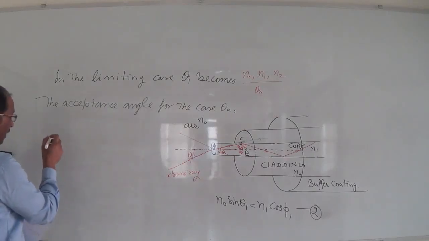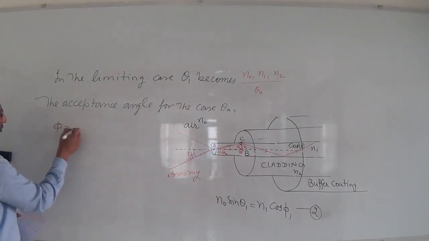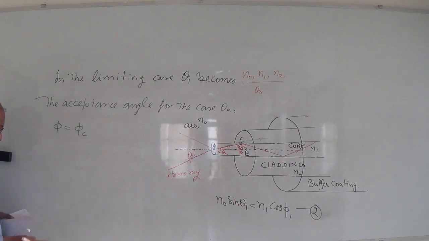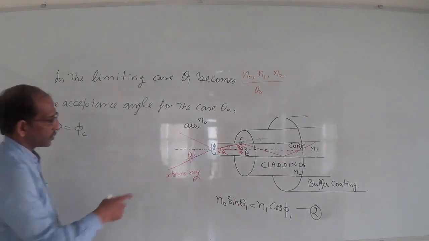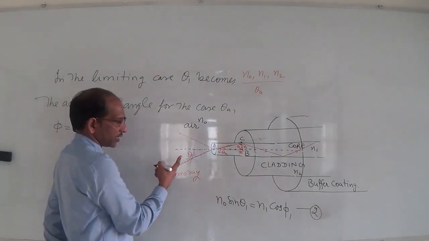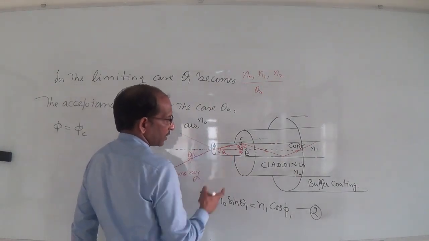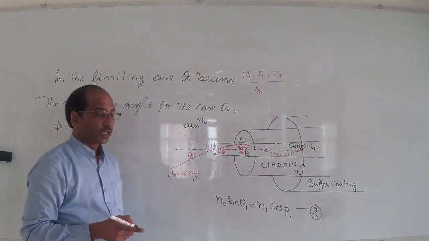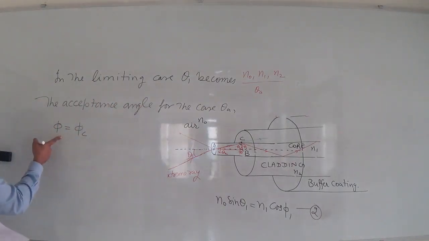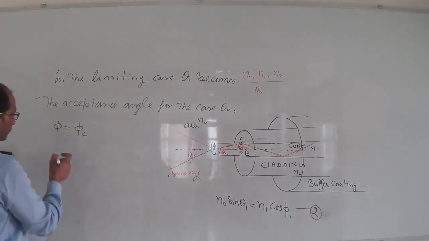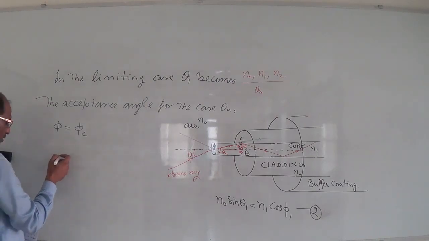and phi becomes phi c. When theta 1 is equal to theta A, it means this angle phi will be greater than or equal to the critical angle. So phi is equal to phi c.